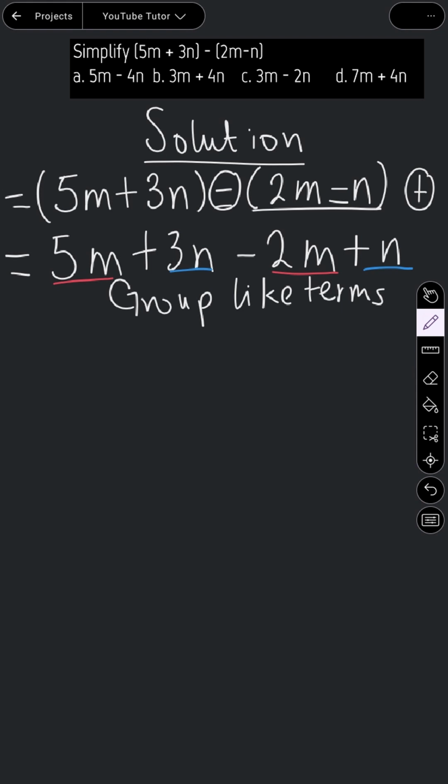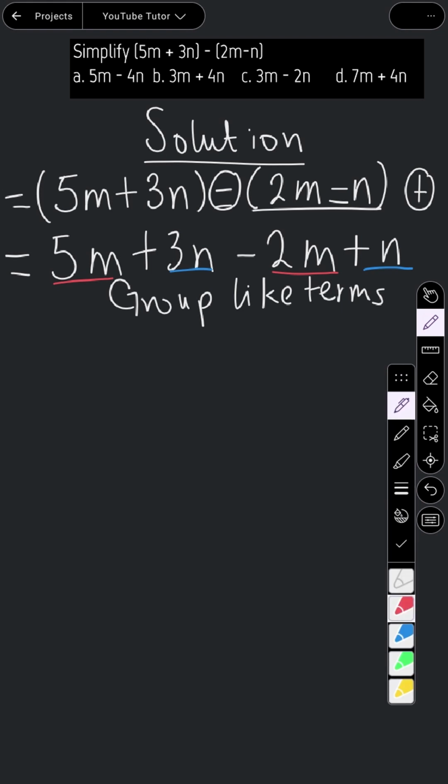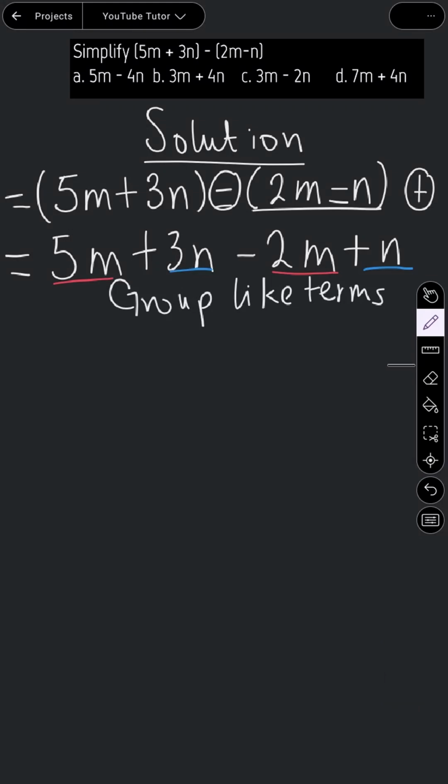So we will deal with the m part first, and later move to the n part. So we have 5m minus 2m. And mind you, when you are grouping, you carry along the sign the value has, like I've done. 5m minus 2m. If it was plus, we would maintain the plus.